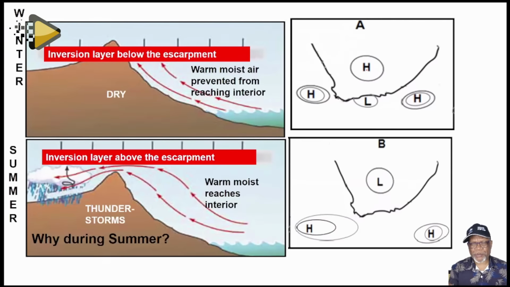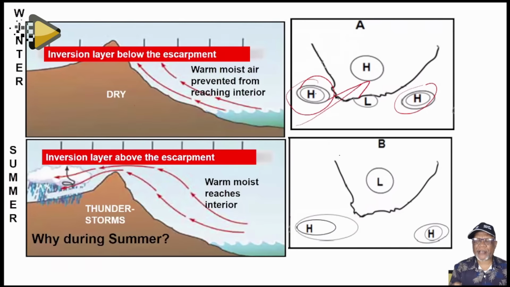This is a typical winter condition. You can see now the high pressure cell is further north, and therefore it is going to allow the passage of mid-latitude cyclones into the interior. That is why we say mid-latitude cyclones affect the weather of South Africa during winter. Why during winter?